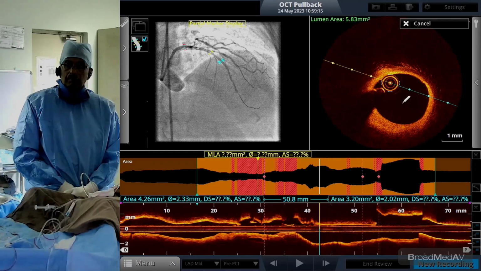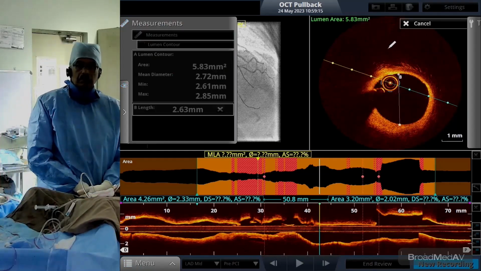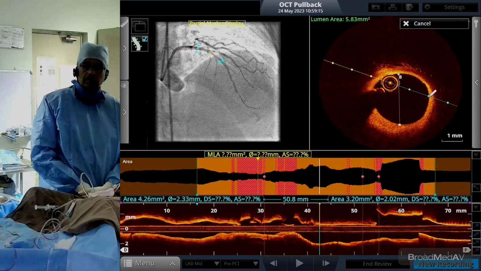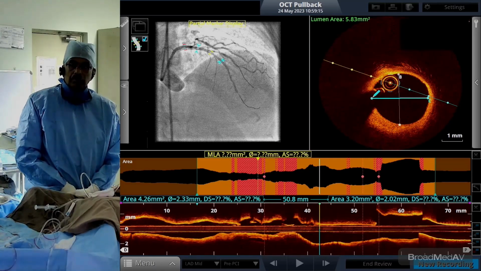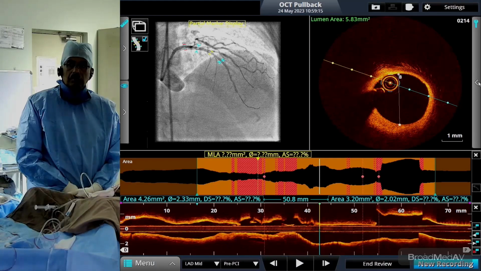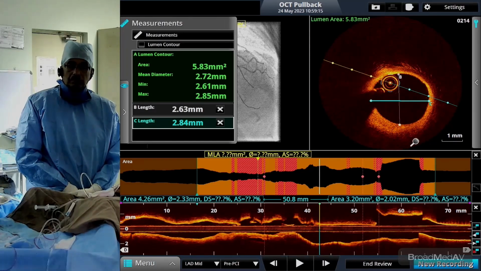EM2. Since I couldn't see the EM on the opposite side, I'm going to measure lumen to lumen, and I'm going to upsize by 0.5. So 2.63. On a vertical axis, on a horizontal axis 2.8.